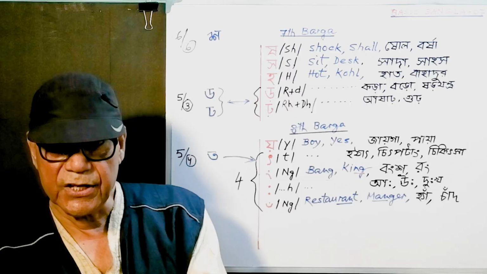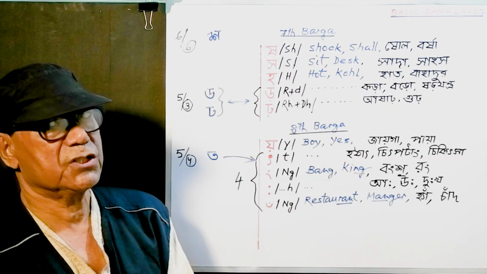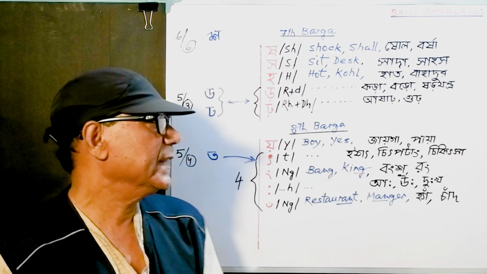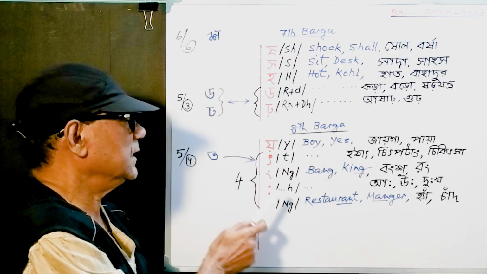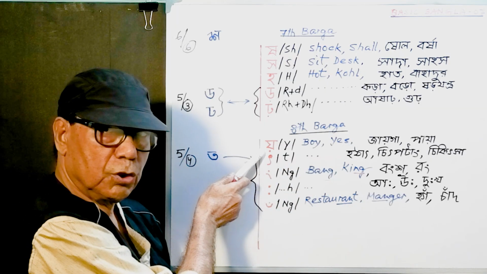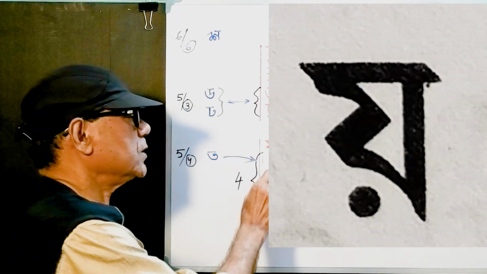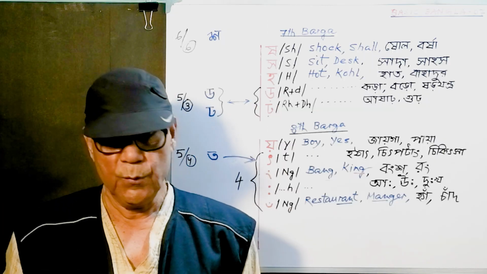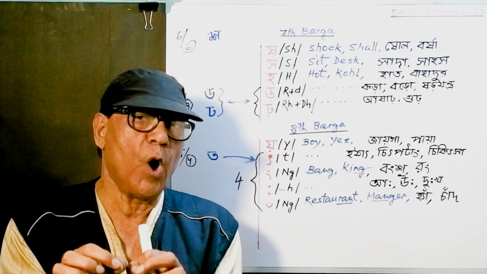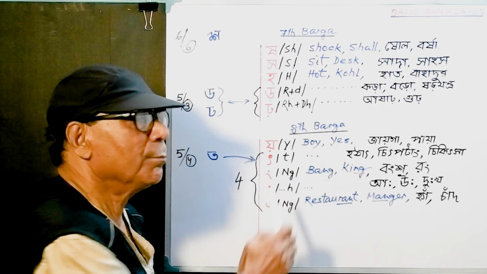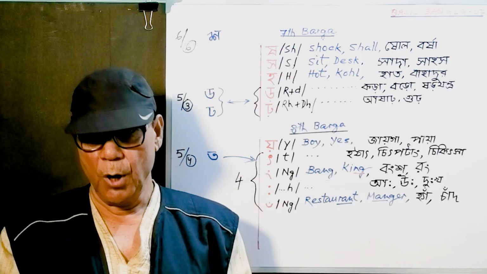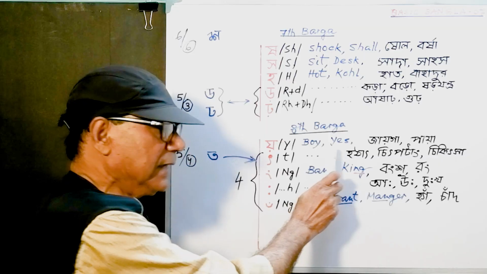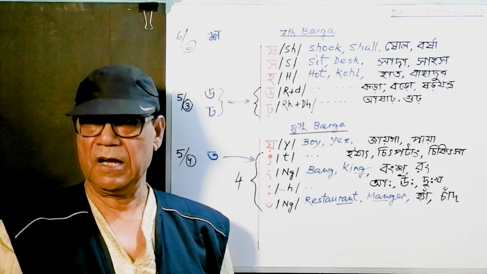Come to the next varga. That is the last varga of the Bengali alphabet, the 8th varga, Antastha Ya. Actually not A, this is Ya sound. And you get this sound in the letter Y. For example, boy, yes, yeah.